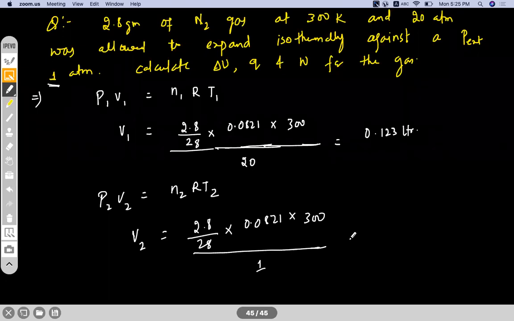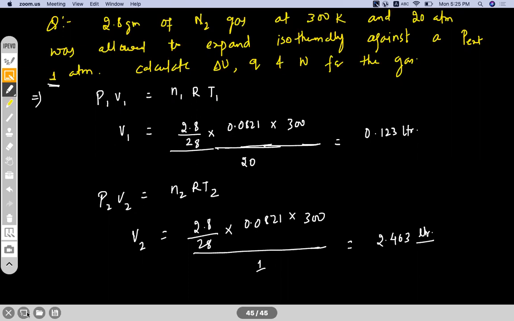Pressure is 1 atmospheric. So when you solve this, you'll get the volume, and the volume is 2.463 liter. Okay, so this is the expansion, the change in volume.